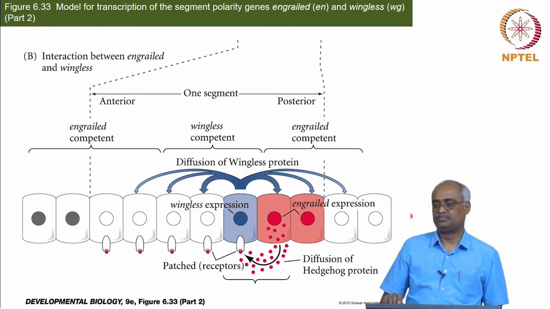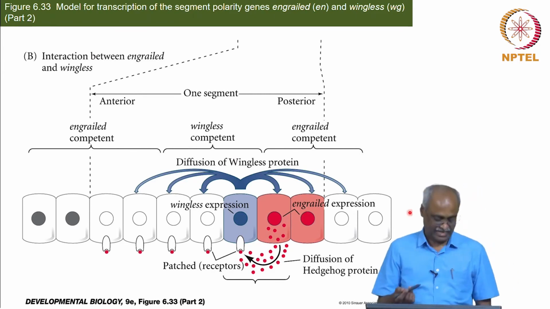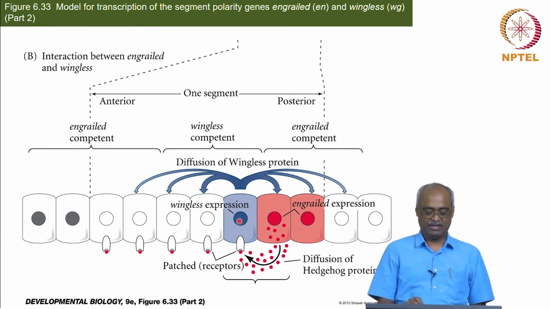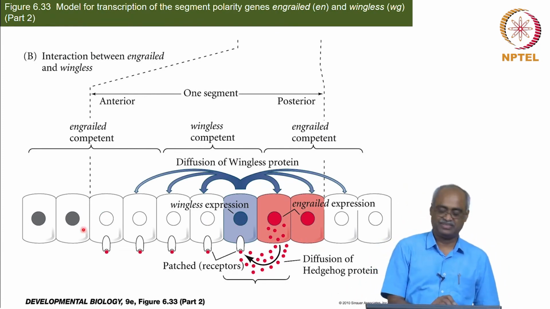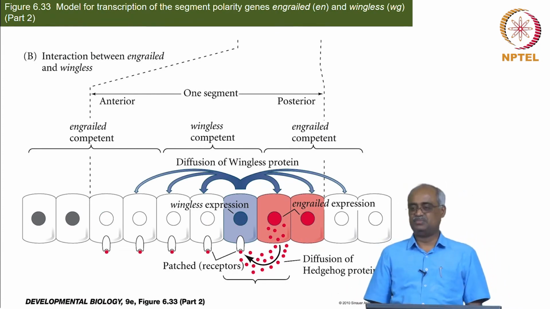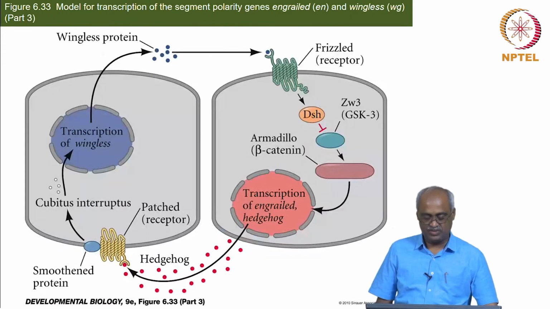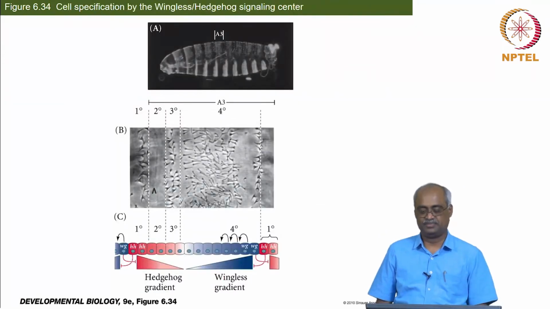Similarly, this side you will have a hedgehog gradient. So now we can think of a situation like primary, secondary, tertiary fates for the cells. This may be primary, this may be secondary and this may be tertiary and so on. That is possible, and that exactly is what happens, shown here.